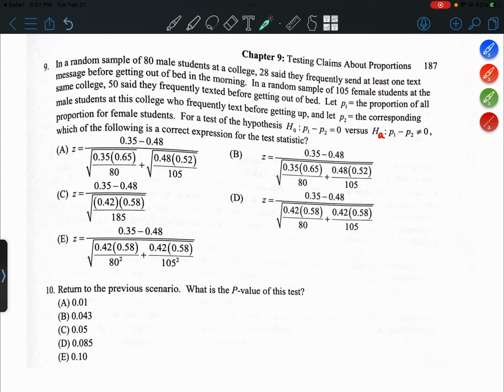All right, so what we're looking at here are 5 answer choices that show some numbers being plugged in. It would be helpful if we saw the specific formula.